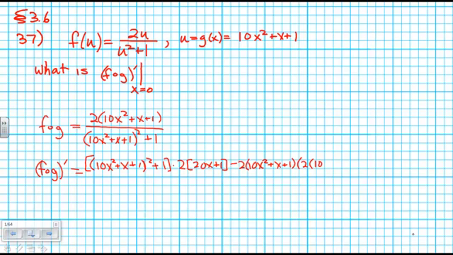So we bring the 2 down, keep the inside the same, reduce by 1, and then multiply by the derivative of the inside.